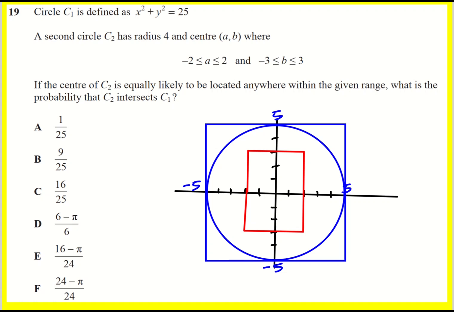And then if the center is equally likely to go anywhere within the given range, what's the probability that this circle intersects C1? So what I need to do is find now the region where it would. For example, if I put the center here, remember the radius is 4, it's definitely going to intersect.